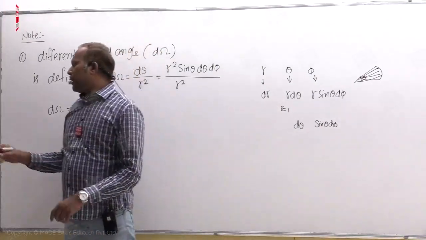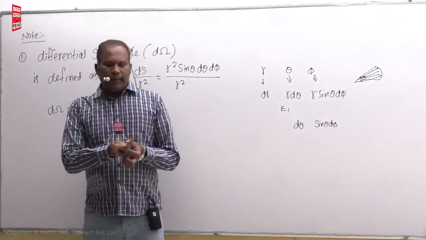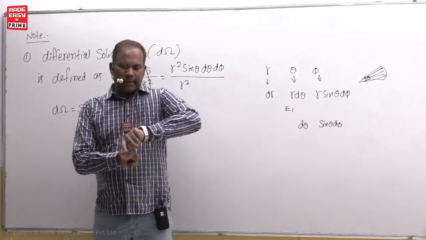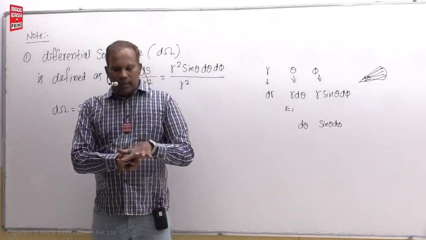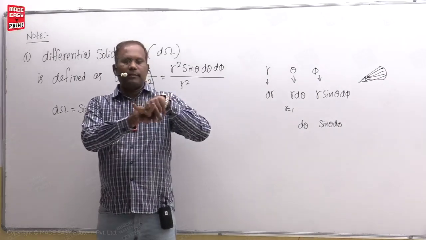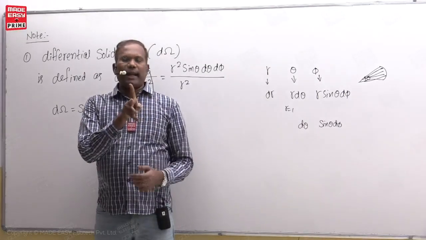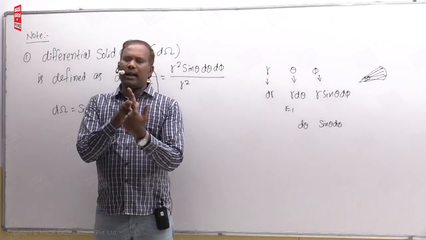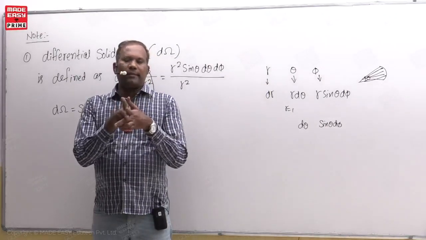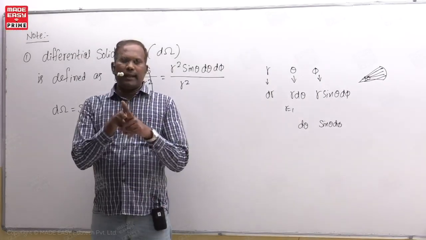So I will show you here. Here this is a differential horizontal angle. Let us say 1 degree horizontally like this. Now here you get a surface. Similarly, you take a differential vertical angle, 1 degree or 1 radian, and with this also you get a surface. One dimension surface you get, one angle.